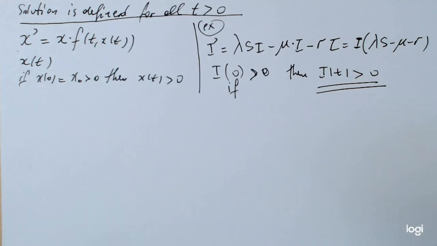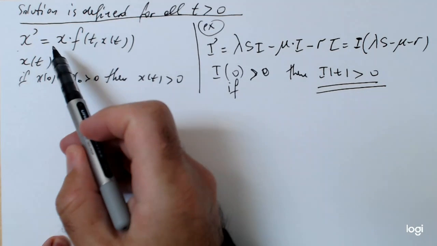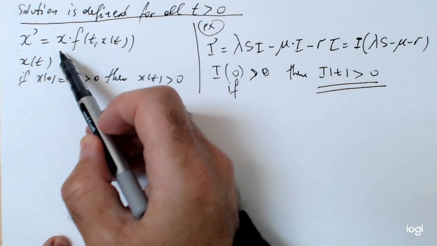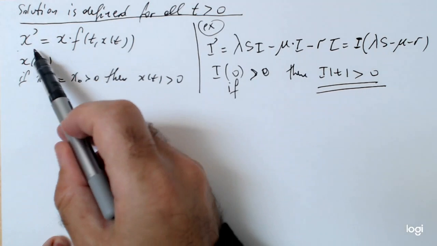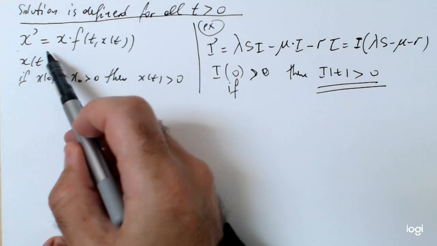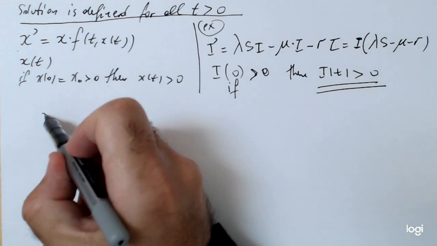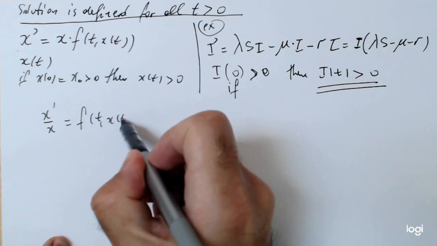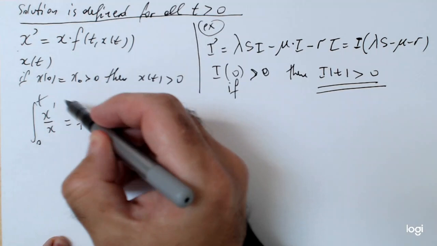So the way to see why that happens is to make some sort of separation of variables. We don't really solve for X of t, but we rewrite the ODE in a different form. So if we divide both sides by x, on the left side we have x prime over x equals f of t, x of t, and let's just integrate both sides between 0 and t.